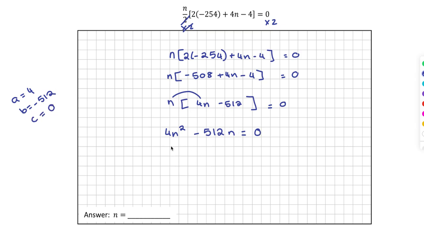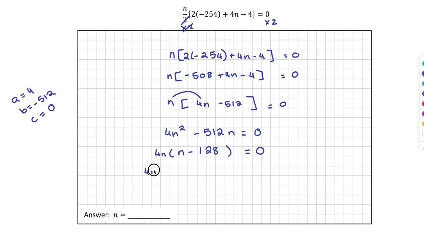Another way you could do it though is simply by taking out the highest common factor. So the highest common factor is 4n. I'm then going to be left with n minus 512n divided by 4n is minus 128. What happens now? Well, I've got two things multiplying together to give me 0.